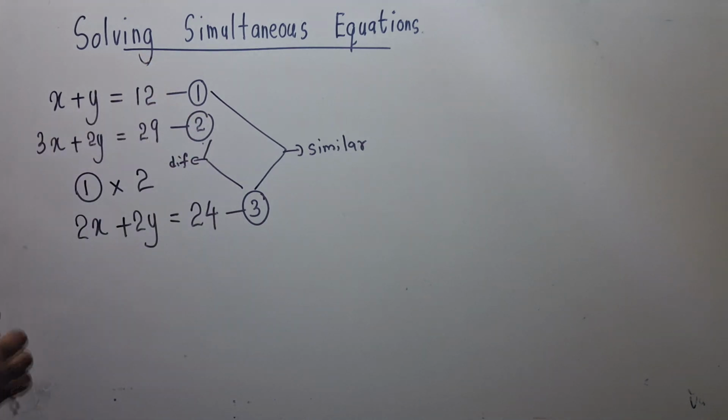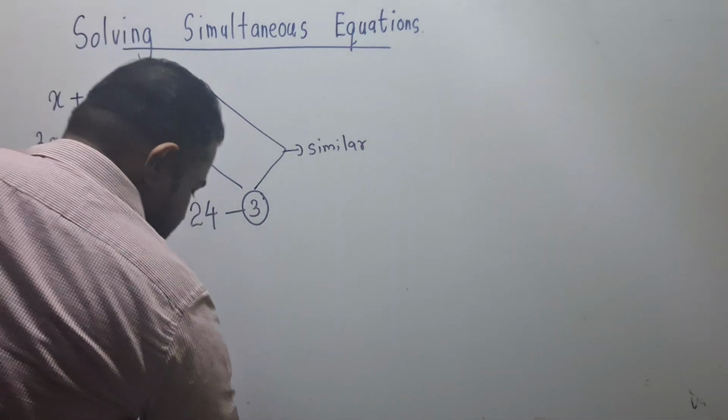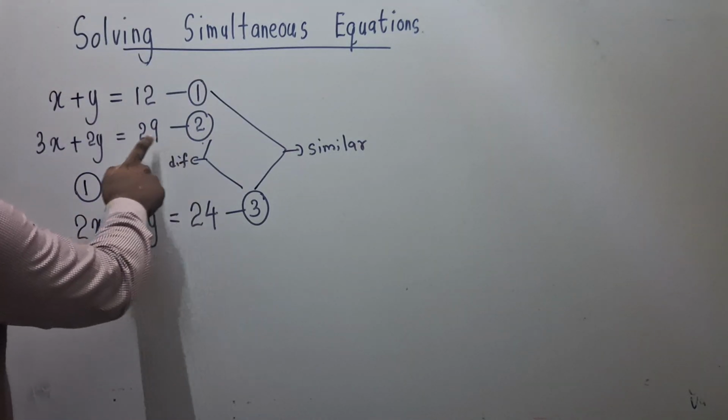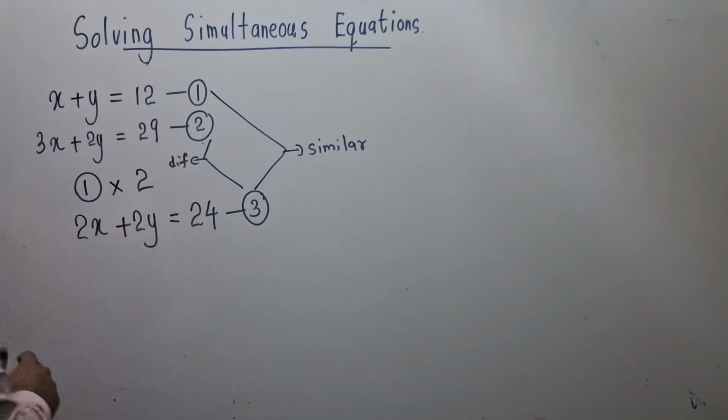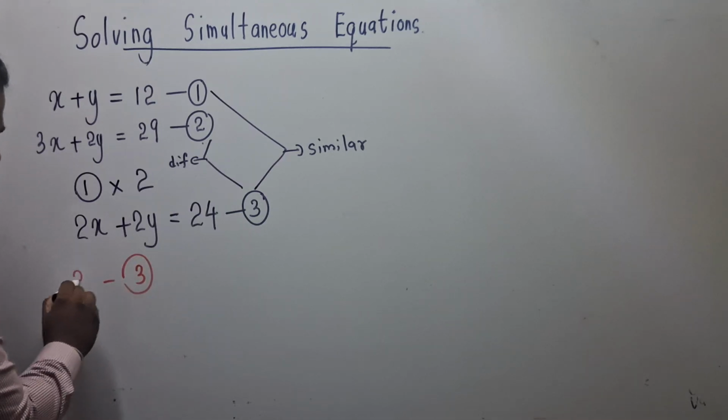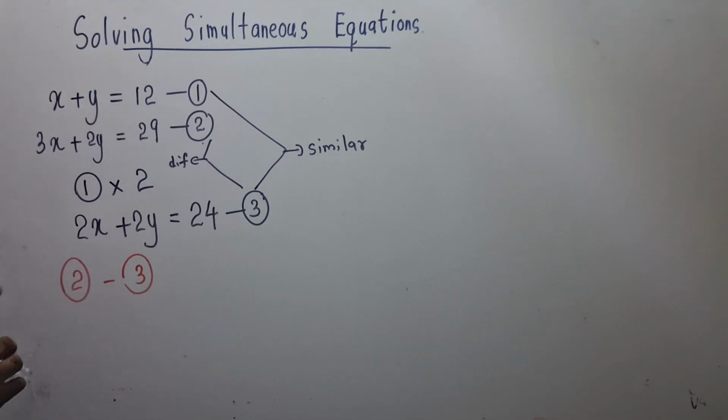When I see the values, I can see the second equation is bigger than the third equation. So I am subtracting the third equation from the second equation. I told you, when doing the subtraction, we must use a bracket.